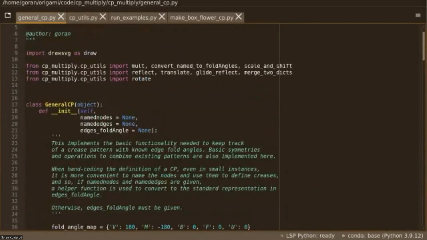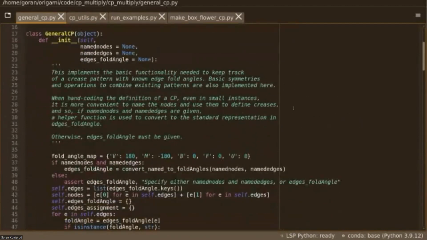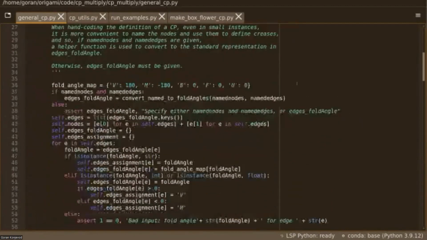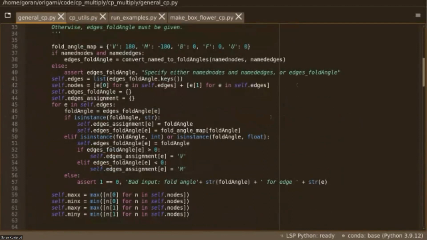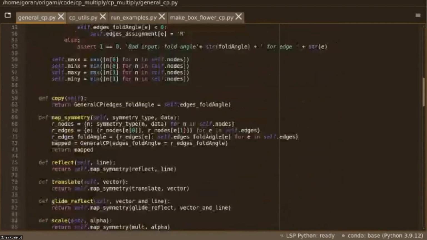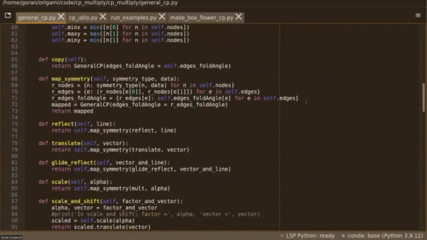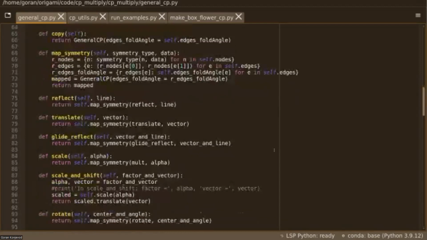The Python code itself, there's a class to represent these patterns and to work with them, to do the basic things like applying transformations to all the elements of a pattern. Like when you apply a symmetry, it can be a reflection, translation, glide reflection.